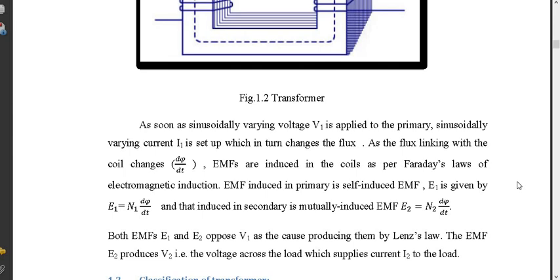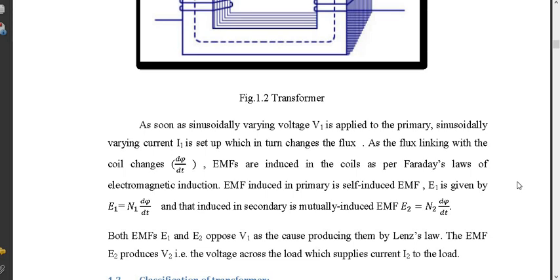That is what is called mutually induced EMF, because there is no supply given to the secondary winding, there is no electrical connection between primary and secondary winding, but the flux linking from primary to secondary induces an EMF in the secondary winding, and that is why this is called mutually induced EMF.